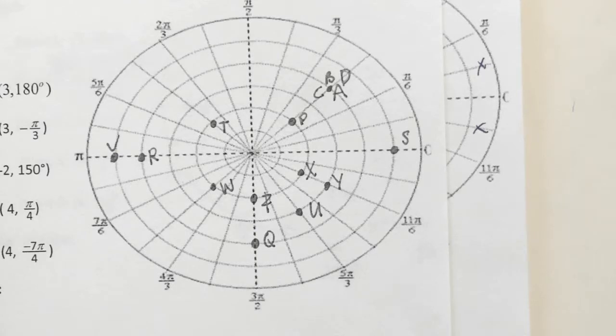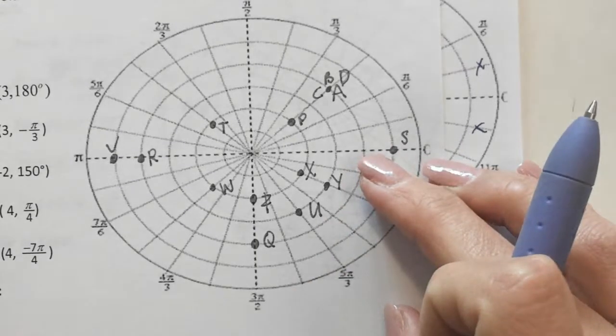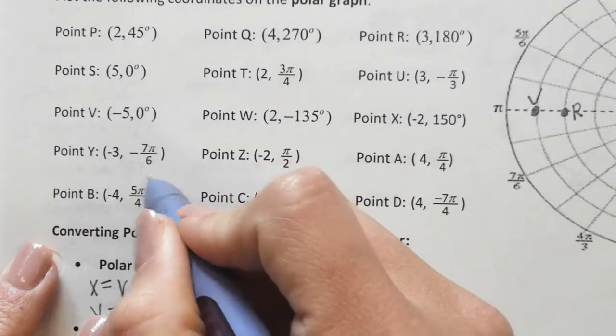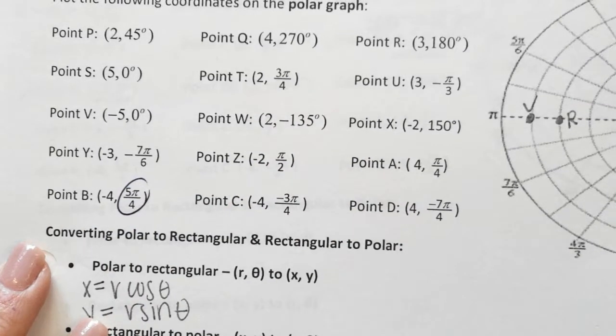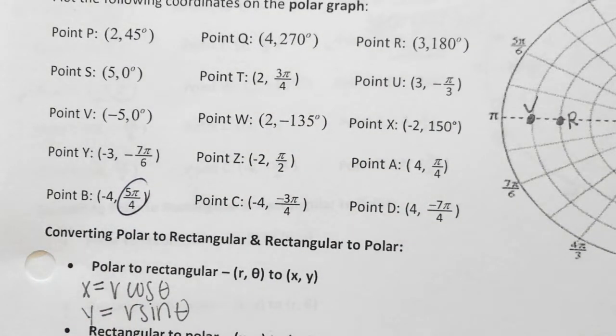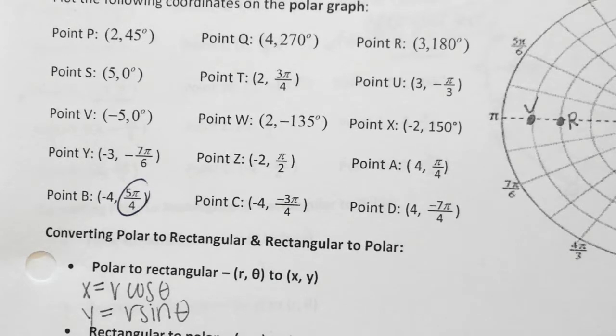Wait, why was B the same? Let's look at that one. So B was negative 4, 5 pi over 4. So we know 5 pi over 4 is the same thing as what?